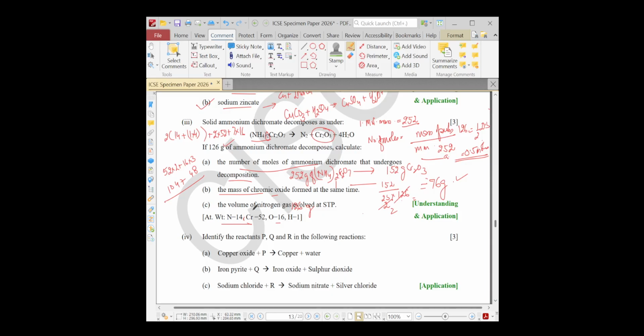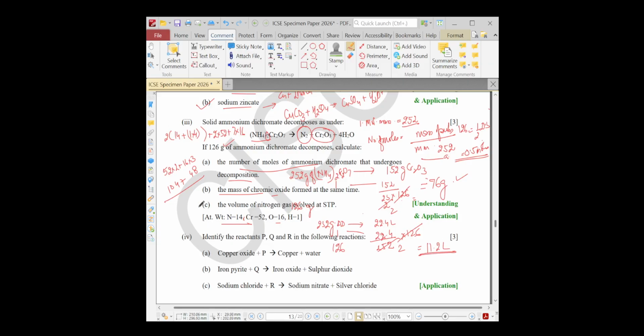Then the C part, the volume of nitrogen gas. Again we can use 252 grams. 252 grams of ammonium dichromate is going to give 22.4 liters. 1 gram is going to give 22.4 liters by 252, and 126 grams is going to give, solving, 11.2 liters.